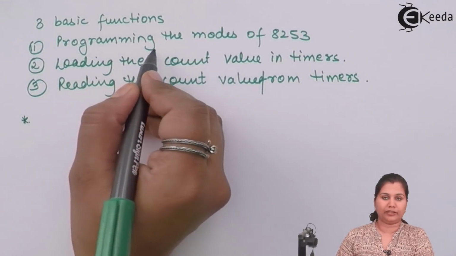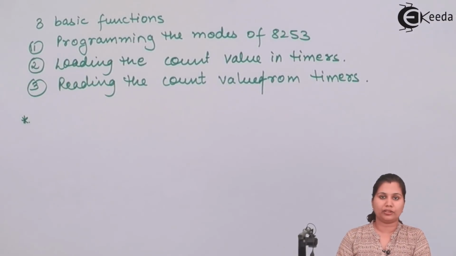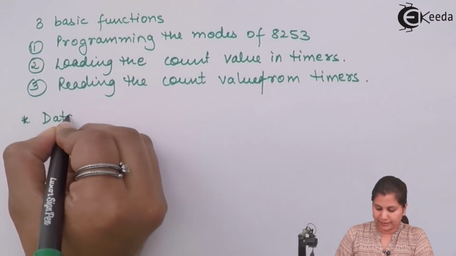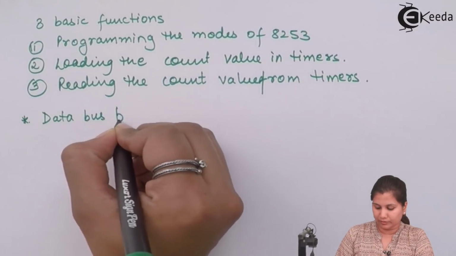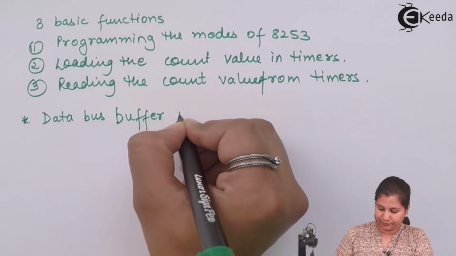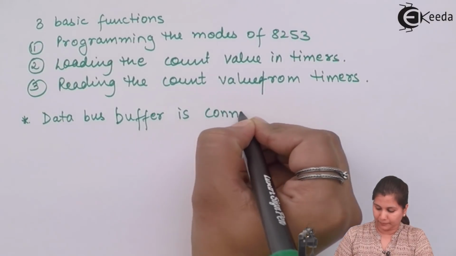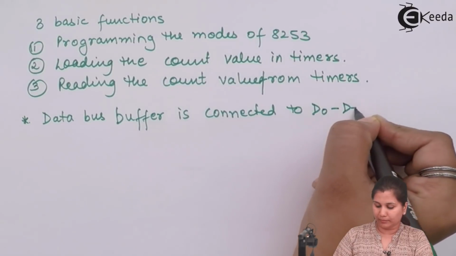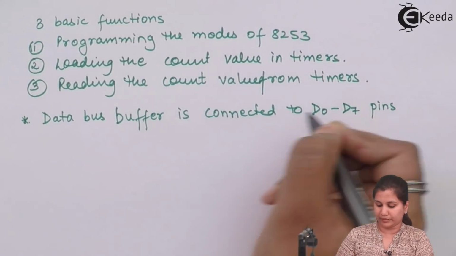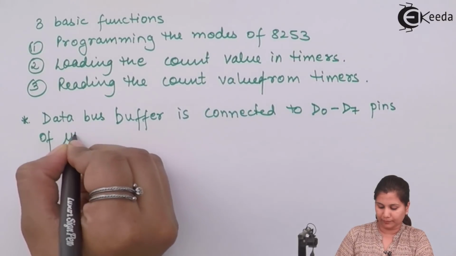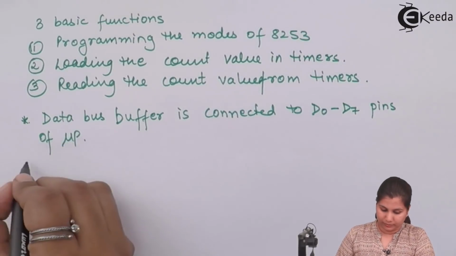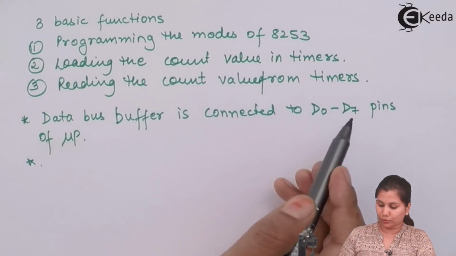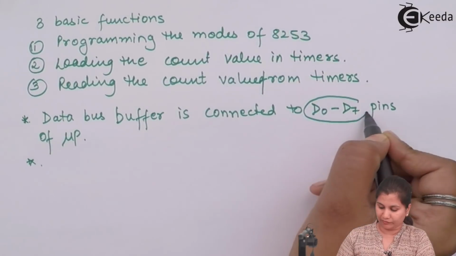Now this data bus buffer is connected to the data bus of the microprocessor. So we can say that the data bus buffer is connected to D0 to D7 pins of the microprocessor. And the transfer of data takes place through these pins D0 to D7.